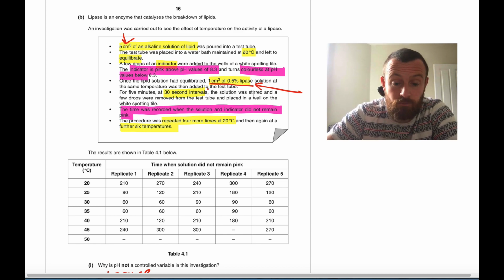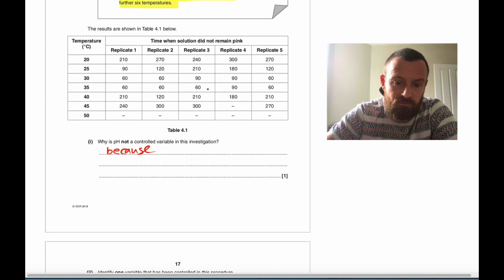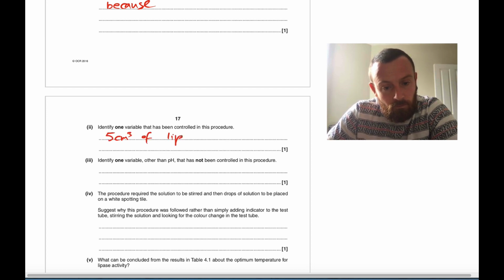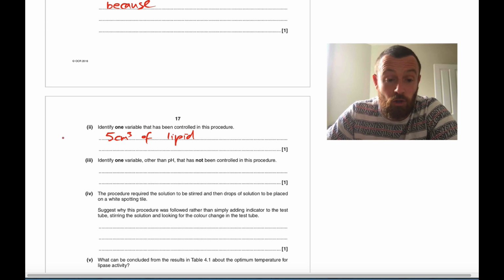So I will say the volume of 5 centimeters cubed of lipid solution.